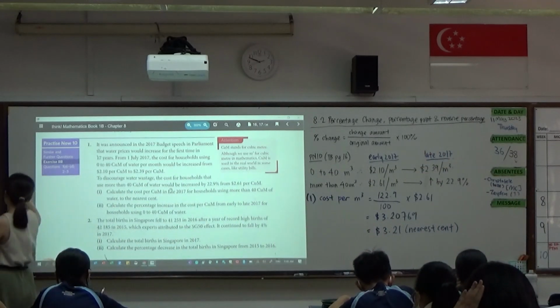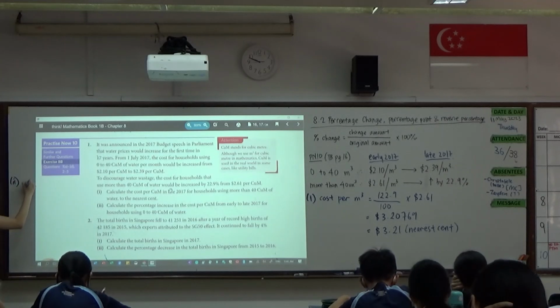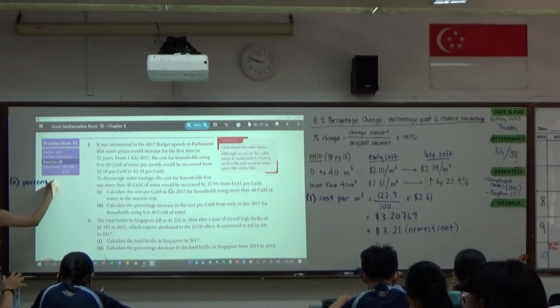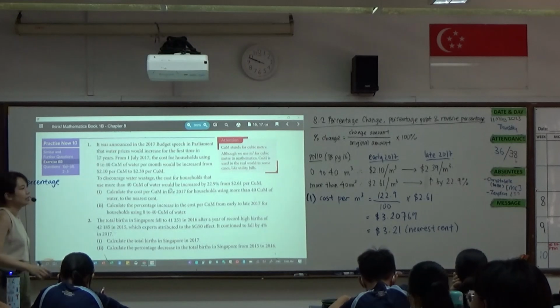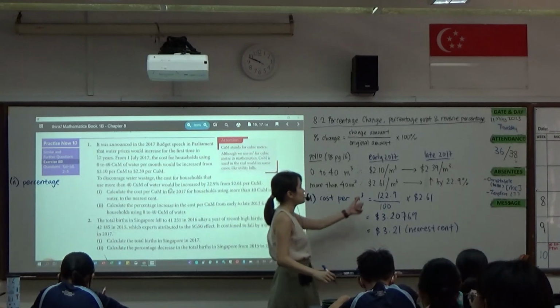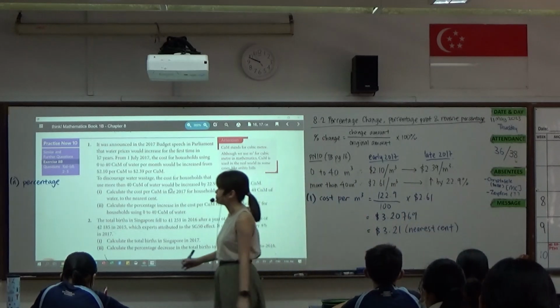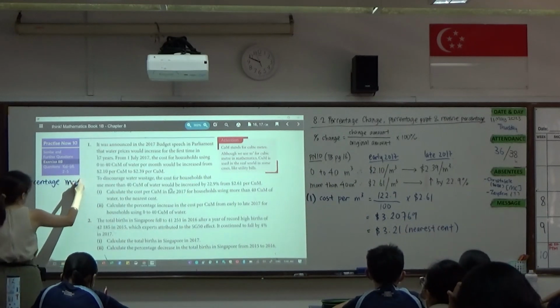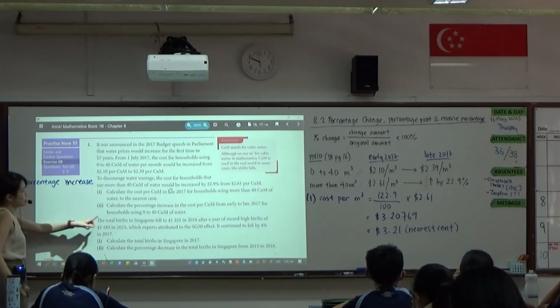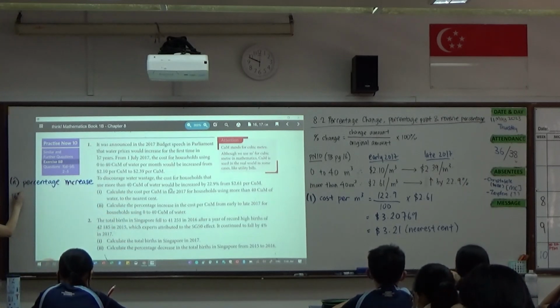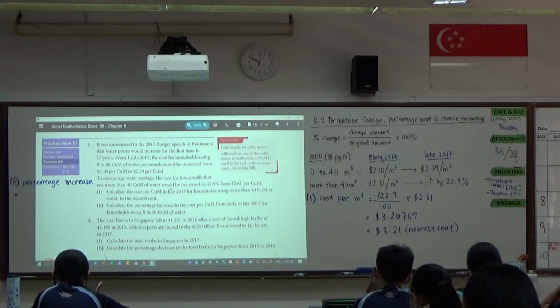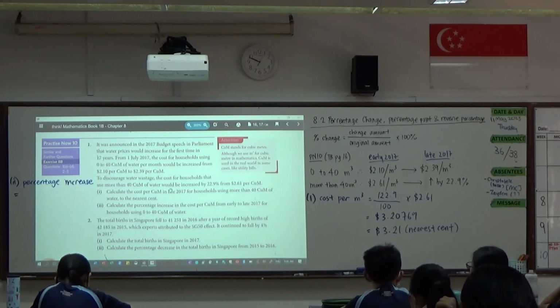So the percentage change, I'll just write answer here. In fact, we can clearly tell that it is a percentage increase because it is from $2.10 to $2.39. So we will write percentage increase. After all, that's what the question wants as well. We will find out what is the difference, the change amount.